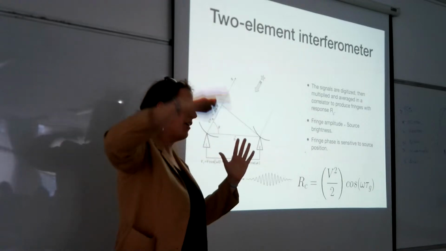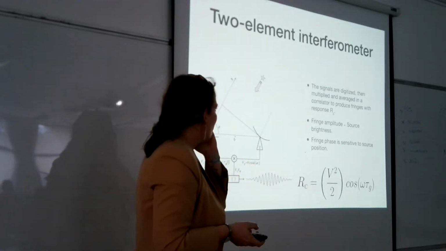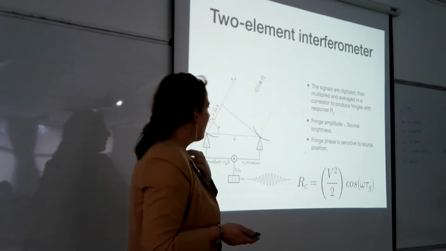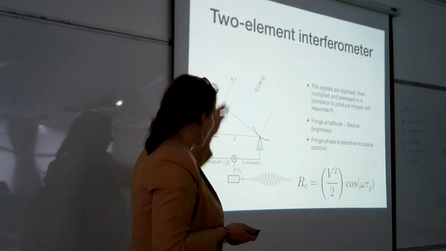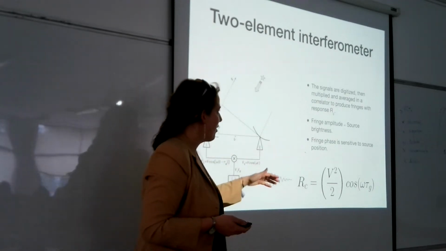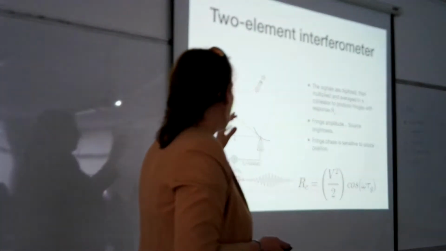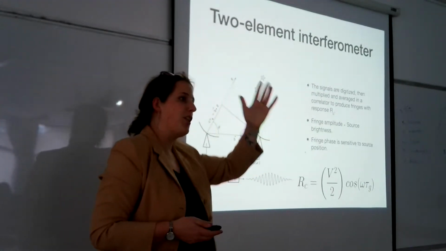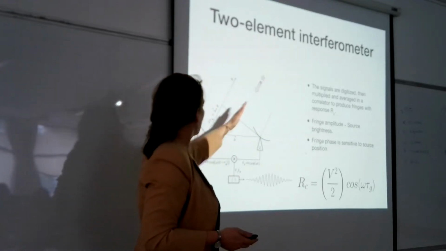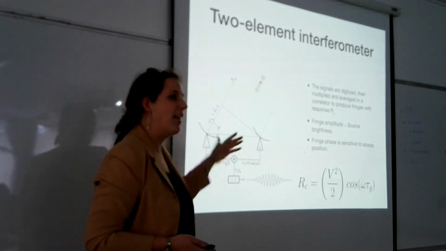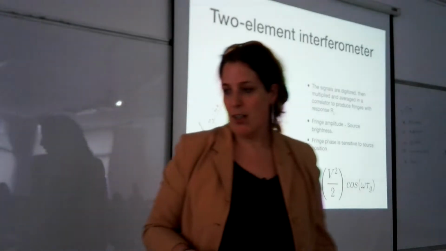This is how you get your fringe pattern that we saw also in the double-slit experiment. The amplitude of these fringes is directly proportional to the brightness of the source. The phase is sensitive to the source position. This has to do with the light of the source arriving at a different time at the later antenna, and so with where the source is located on the sky.